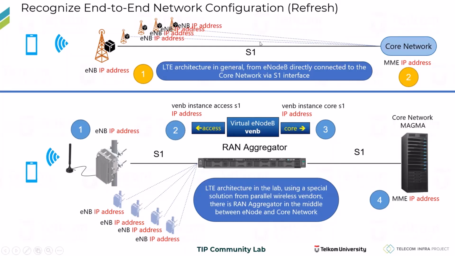So if something happens in between, in the line of the S1 link, we can do a basic check like we do with our computer when it is having a problem with internet connection. You will try to ping google.com, ping youtube.com, something like that.